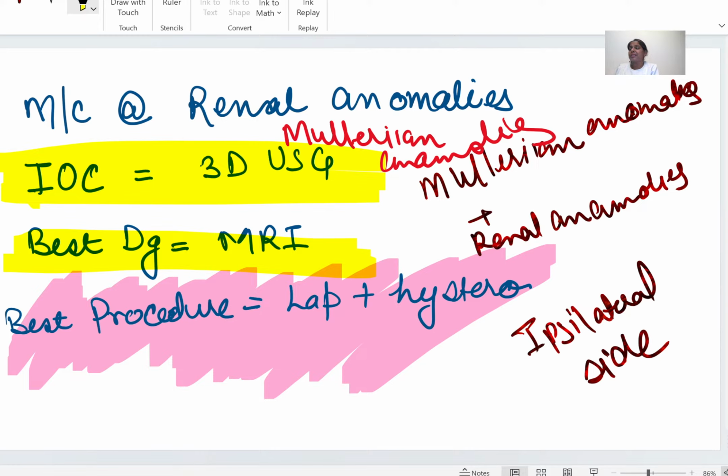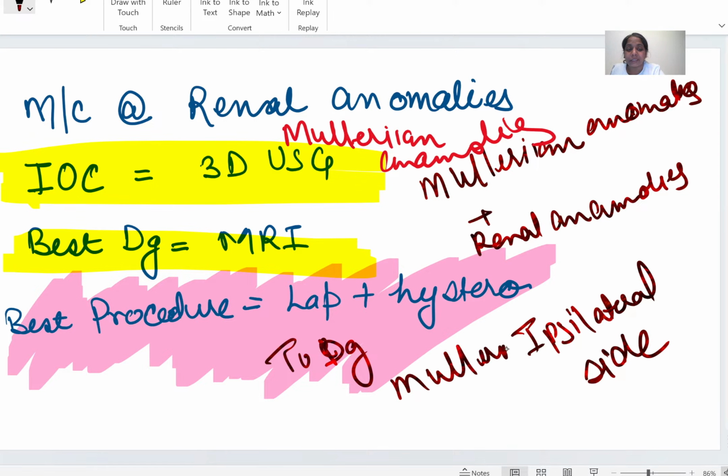The investigation of choice is 3D ultrasound. The best diagnosis is by MRI. The best procedure to diagnose Mullerian anomalies is laparoscopy and hysteroscopy. Why is it best? Because simultaneously we can operate also.